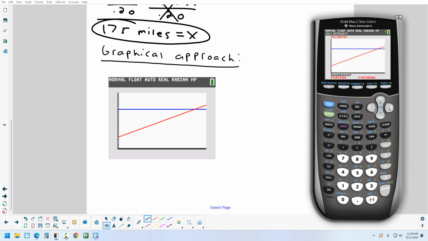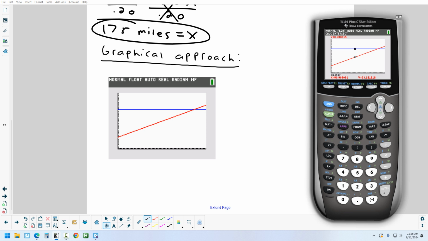Next, your cursor should have moved down to the red line. You can see if it's on the red line by pressing the left and right arrows and watch it move. If you have a color calculator, you'll see the font down here in the color red now. Pick a point anywhere you want on that line, and then hit enter. You've now told the calculator, use the red line, use the blue line.